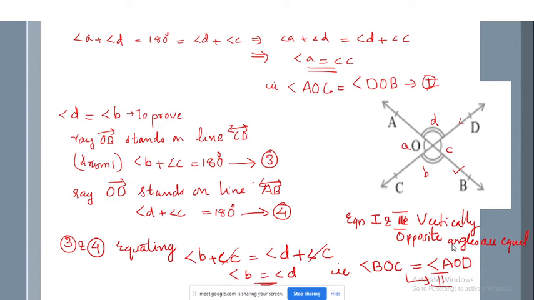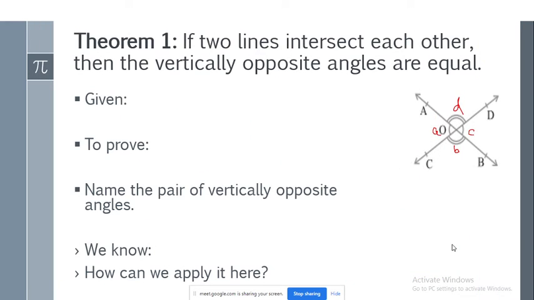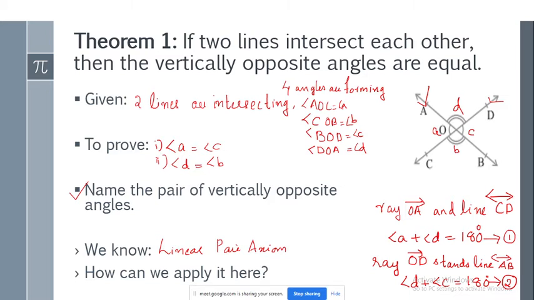So we were given the theorem that if two lines intersect each other, then the vertically opposite angles are equal. We have verified this through our examples by drawing lines, even through that GeoGebra file. But since this is a theorem, we can prove it.